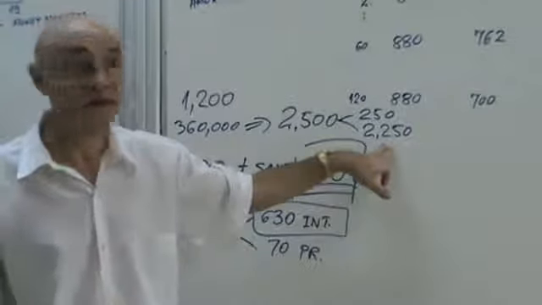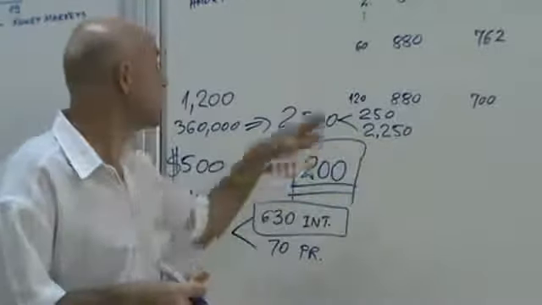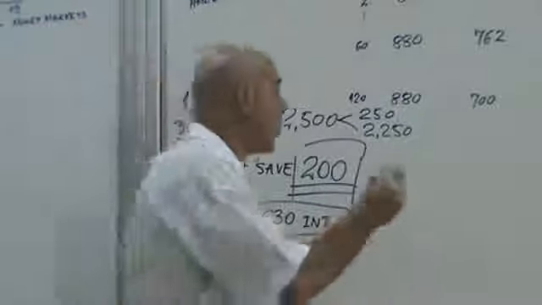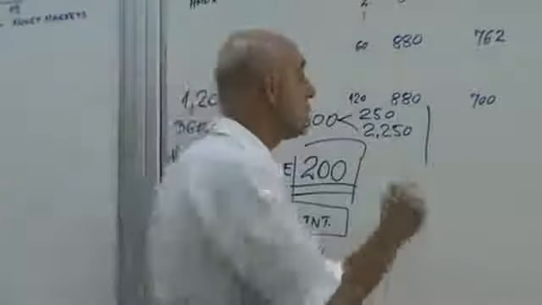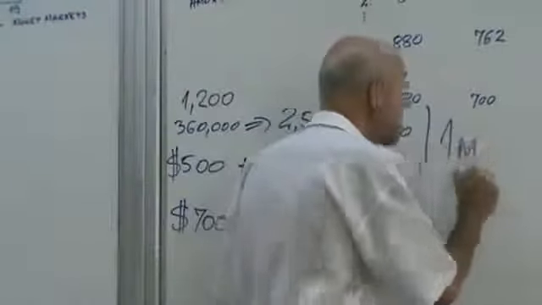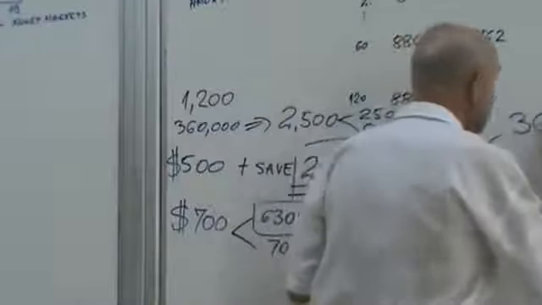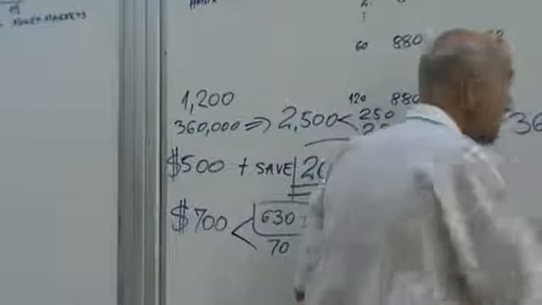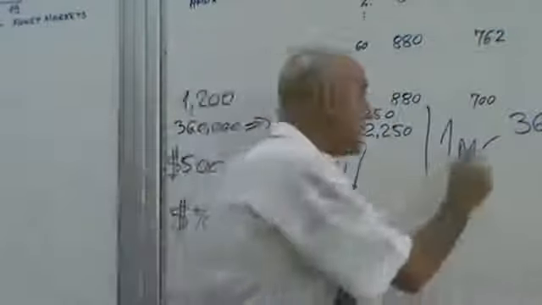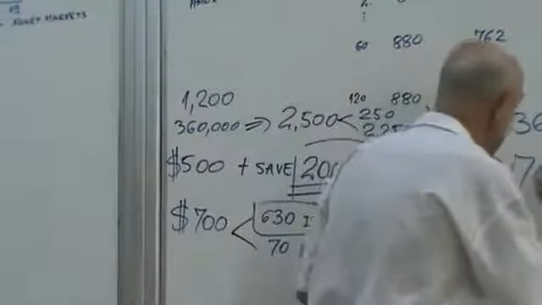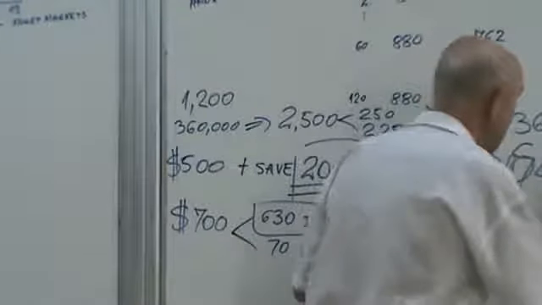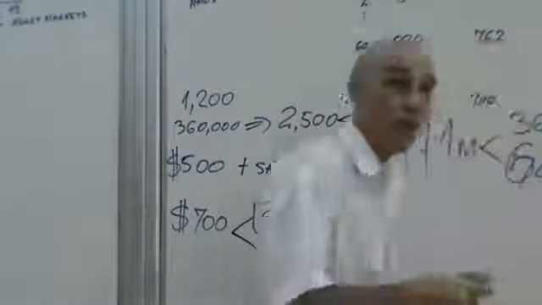Okay? So eventually, when it's all over, he would pay $1 million, of which 360 will be for himself, and he will be paying the bank 640.